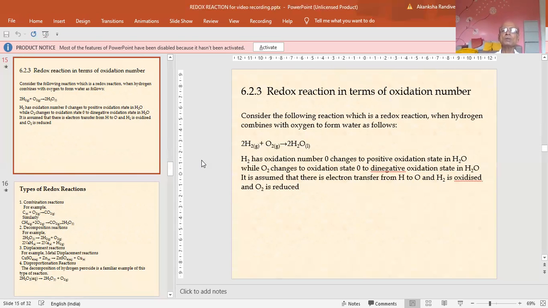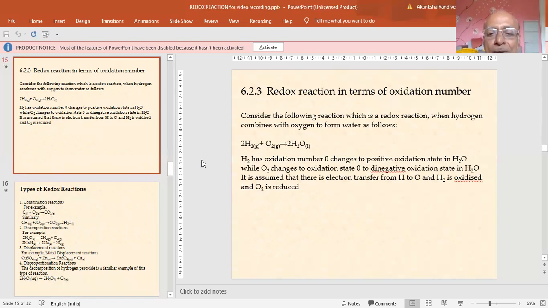While in case of oxygen, the oxidation number changes from 0 to di-negative in H2O. That means the oxidation number of hydrogen changes from 0 to positive, whereas the oxidation number of oxygen changes from 0 to di-negative in H2O.